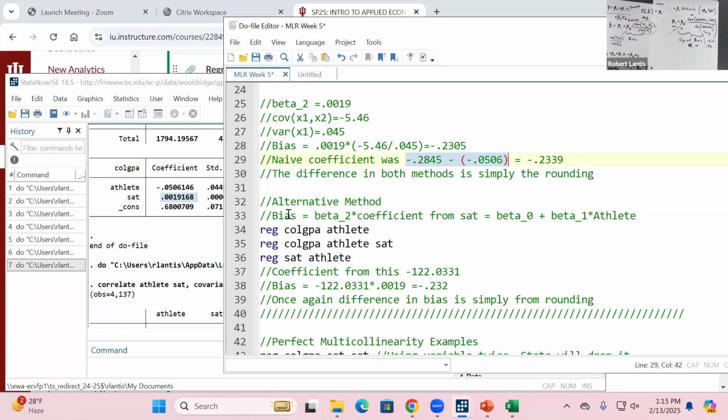Okay. So first of all, we already found, all right, what are we really looking for? We want to know what this bias is. We already know because we ran the regression, this was 0.0019. To find this second part, I'm just going to run that regression where SAT score was our omitted variable.